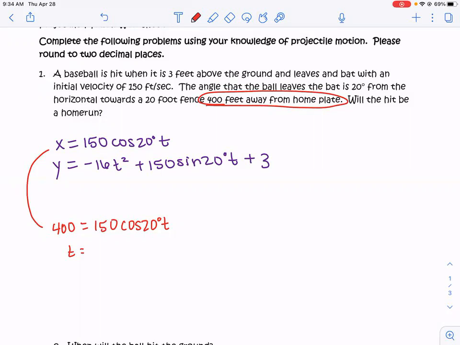Check your answer with your neighbor. What? Okay, 2 point what? 2.836.